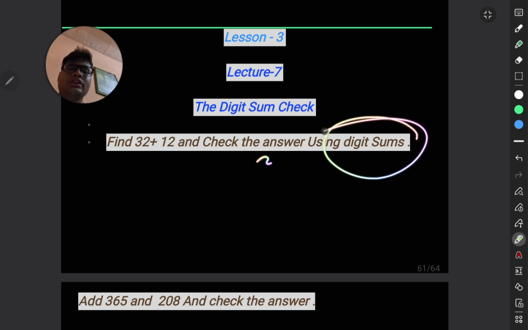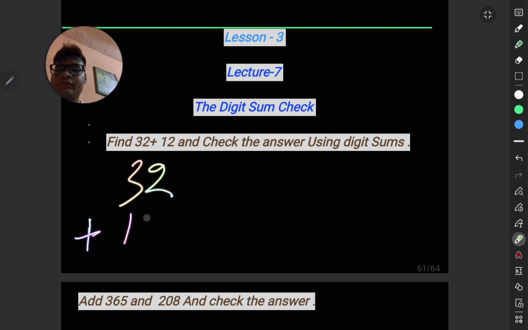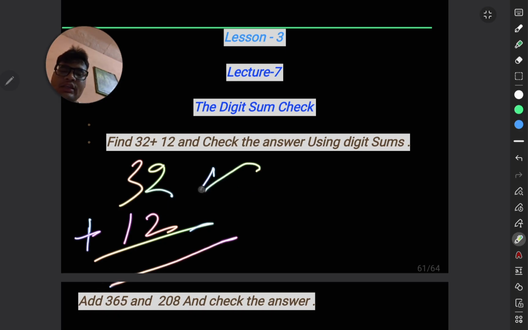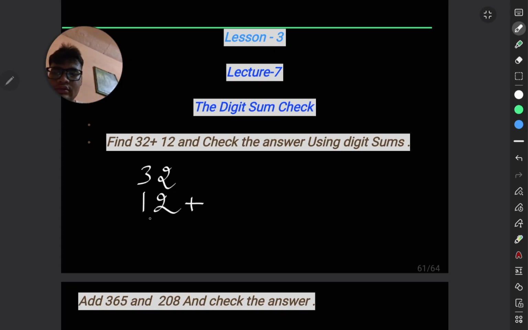We have to find what the answer will be when we add 32 and 12, solve this, and check it by digit sum. So here we will write 32 and 12.